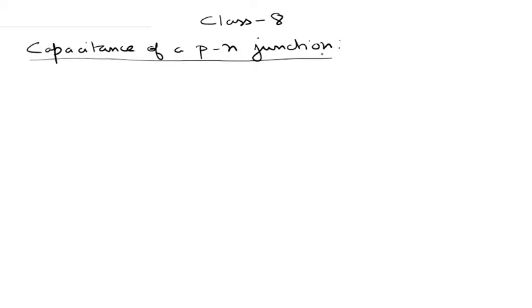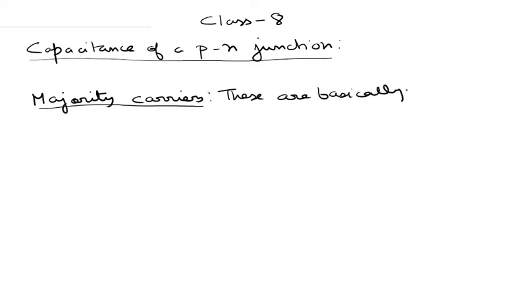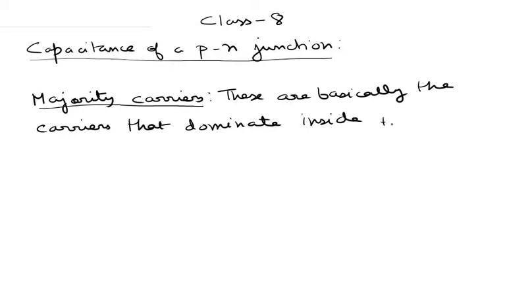So before we discuss the capacitance of a PN junction, let us get acquainted with two terms. The first one is majority carriers. So these are basically the carriers that dominate inside the material.